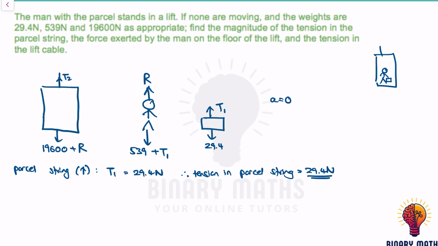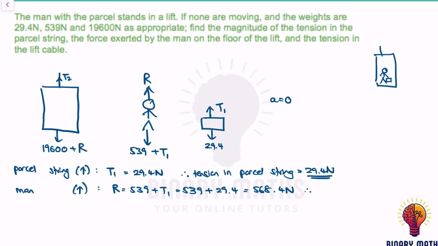If we look at the man, if we resolve the man, so looking at the man again vertically, we know R, because then again he's not moving, forces acting up must be equal to forces acting down, which is 539 plus T1, which is equal to 539 plus 29.4, which is equal to 568.4 newtons.